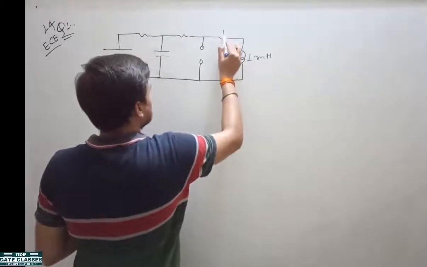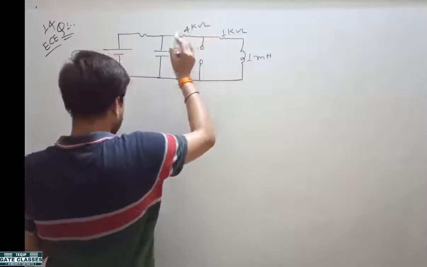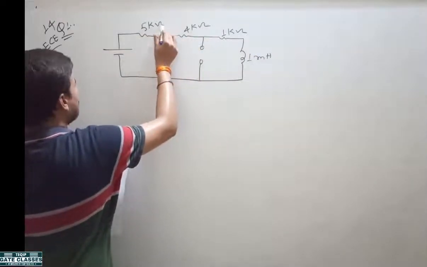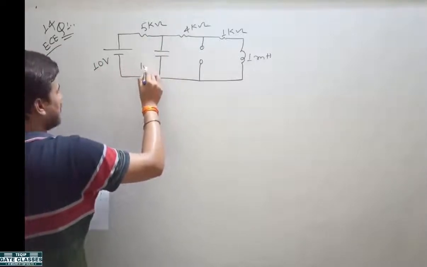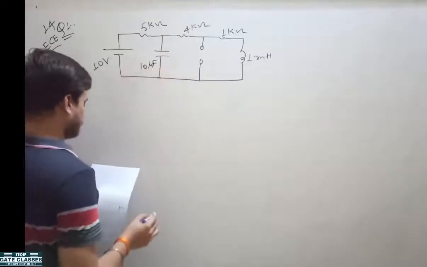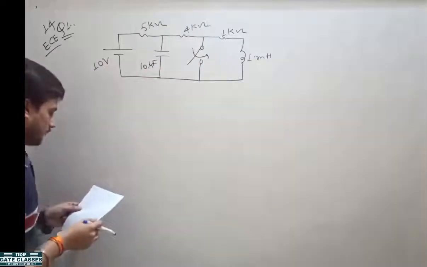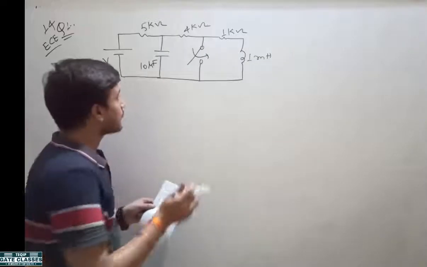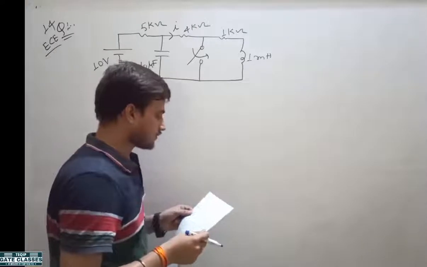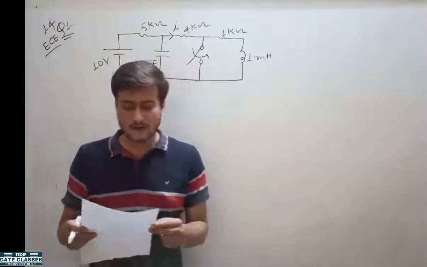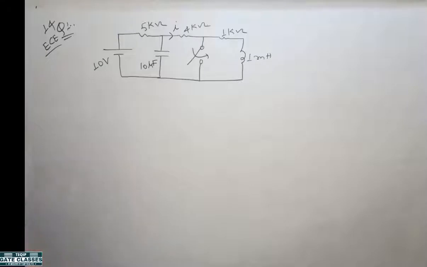This is 1 kilo ohm, this is 4 kilo ohm, this is 5 kilo ohm, this is 10 volt, this is 10 microfarad. This is a switch which is being closed, and this is current I. It says the switch was open for a long time. If it is closed at t equal to 0, then find current I at t equal to 0 plus.